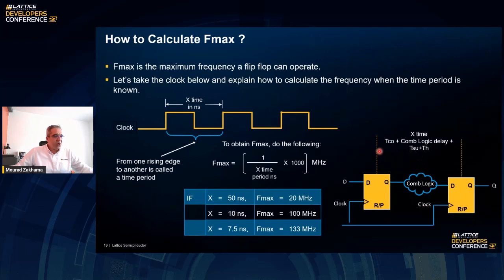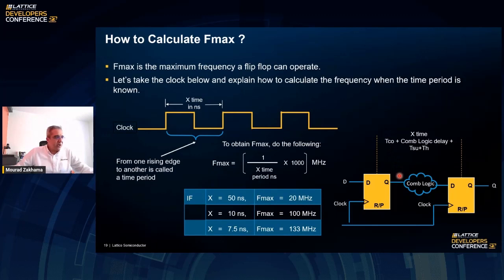That time will include the TCO, which is the clock to out, so the time it takes for the data to be stable at the output of the flip-flop, plus the combinatorial logic that you may have, or the number of levels of logic in the design, plus the setup time and hold time. So that's how all these timings are constructed, and the shorter this time, the faster the design can run.